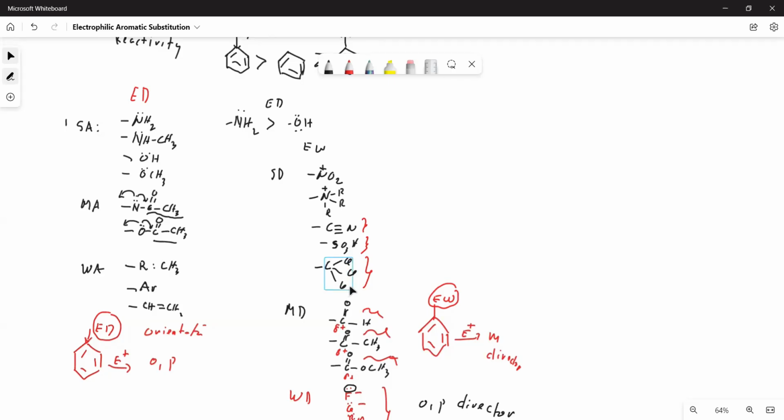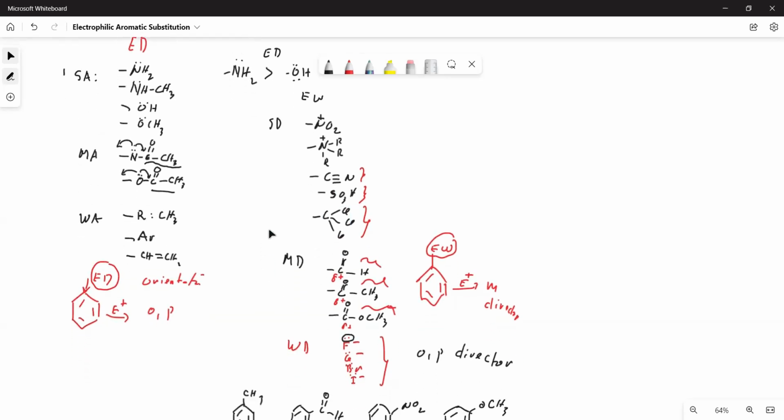You know, halogens are electron withdrawing by inductive effect. So the carbon becomes very positive because you have 3 electron withdrawing groups, and therefore it is also a strongly deactivating group.